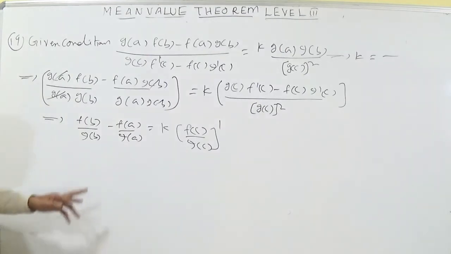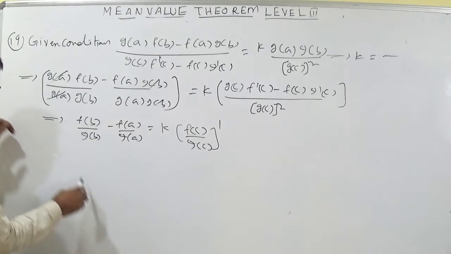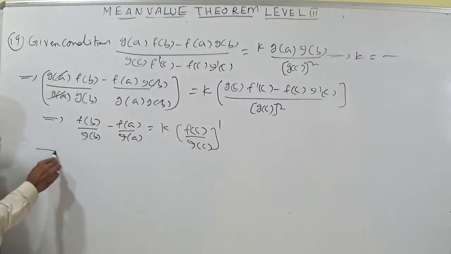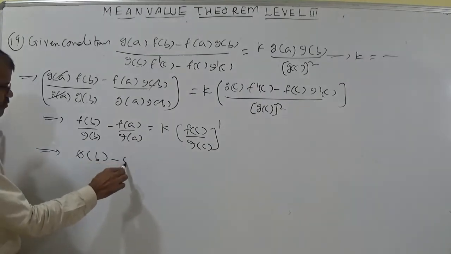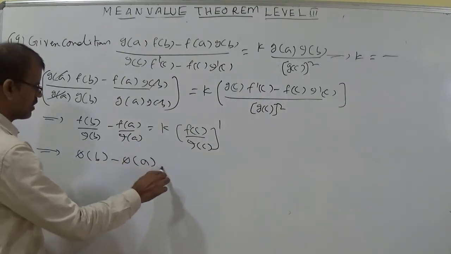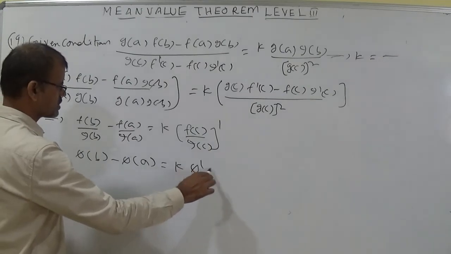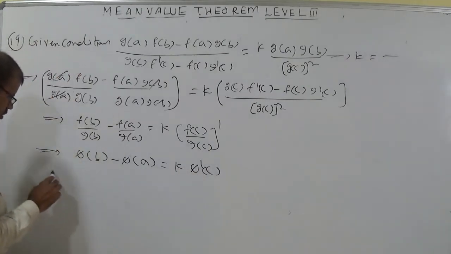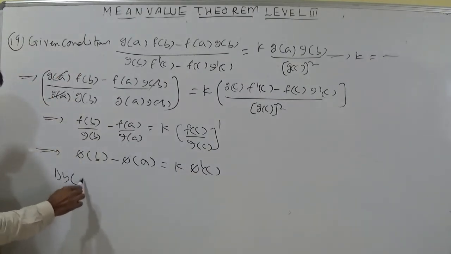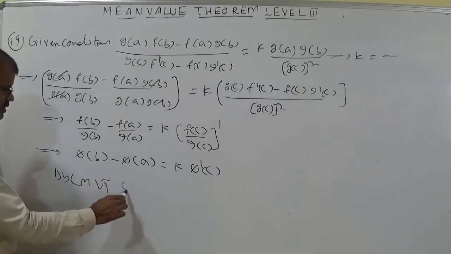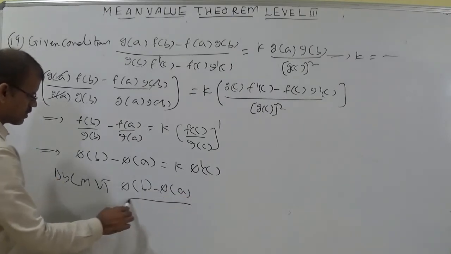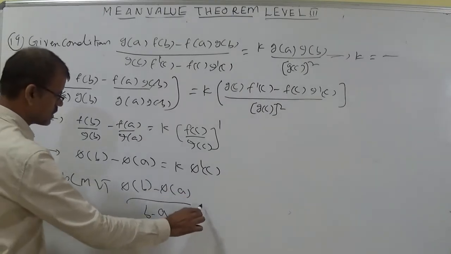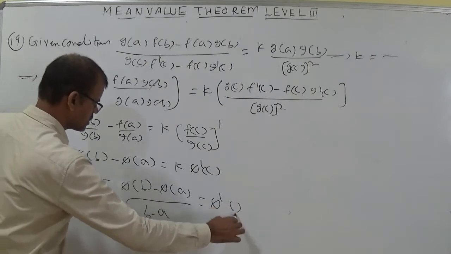According to Lagrange's mean value theorem, once again let us take phi. Students, let us try to understand: phi of b minus phi of a is equal to k into phi dash of c. By LMVT, Lagrange's mean value theorem, phi of b minus phi of a whole by b minus a is equal to phi dash c.